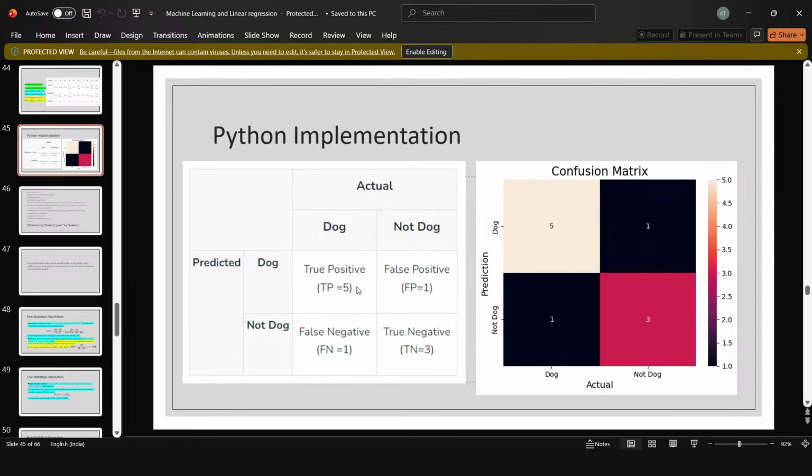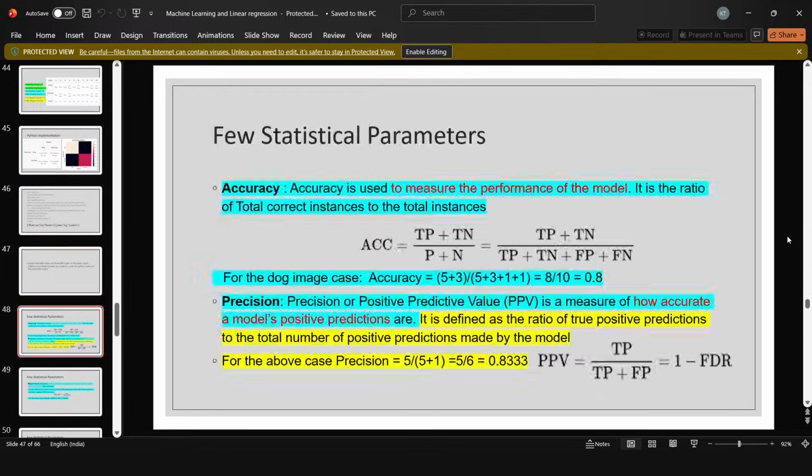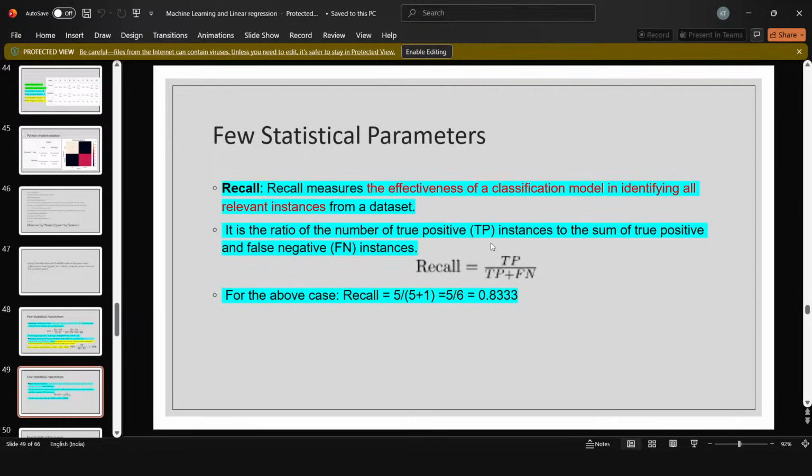But the other 1 by 6 times you are wrongly predicting it to be not a dog, but it is actually a dog. So as you see, you are only considering the true positive outputs, not the negative outputs. So this is precision. I hope you understood it.